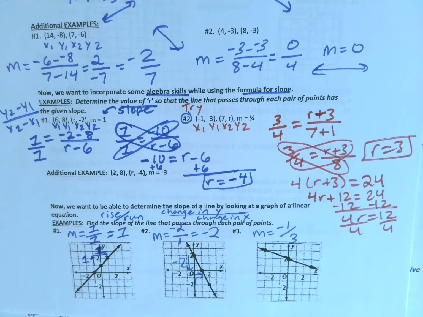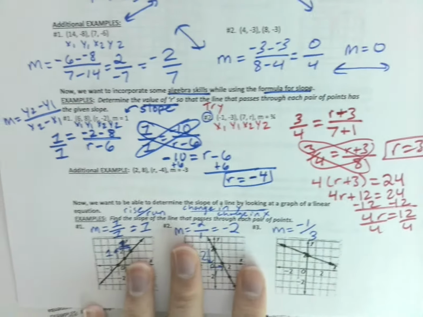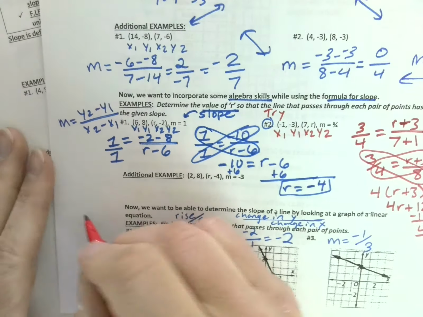When do we use rise over run? Not whenever we're given 2 points, but whenever we have a graph. And do we go from the left point, Mary Beth, to the right point, or a right point to the left point? Guys, this is America.